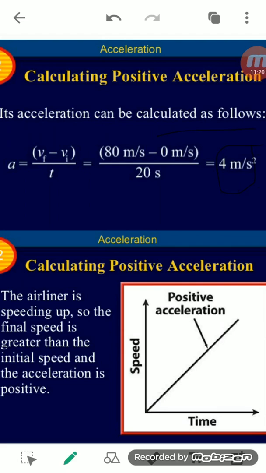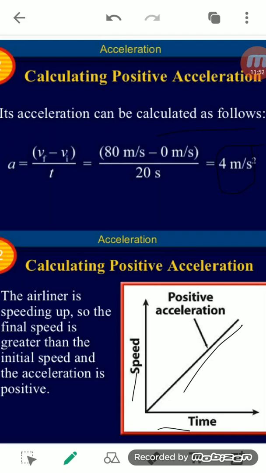Now, if we want to make a graph of positive acceleration, to make a graph of acceleration we need the speed or the velocity against time. So we make an acceleration graph by taking the speed and the time. The airliner is speeding up, its speed is continuously increasing, so the final velocity is greater than the initial velocity.